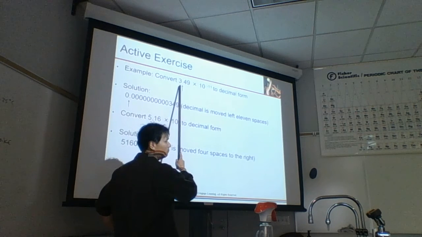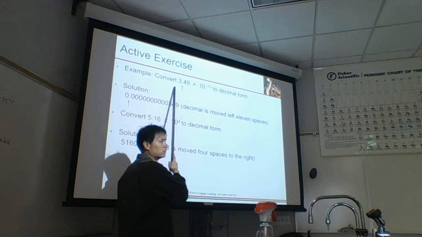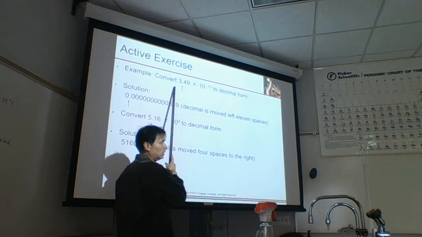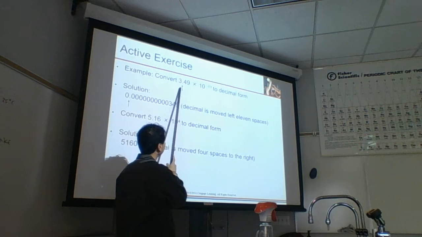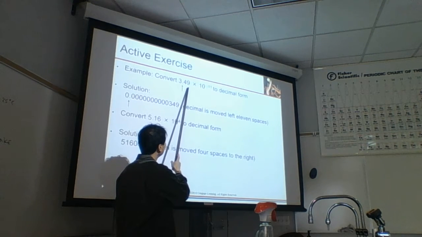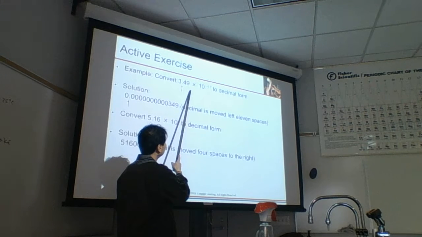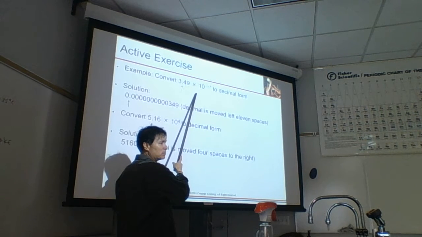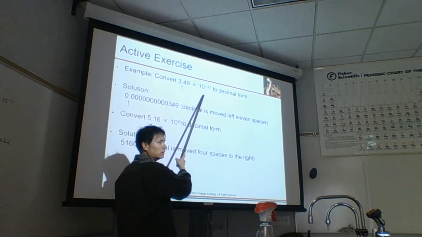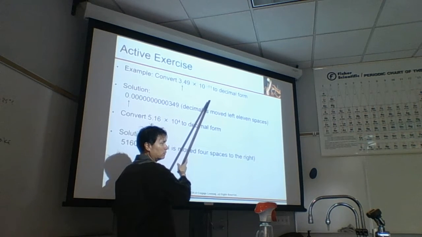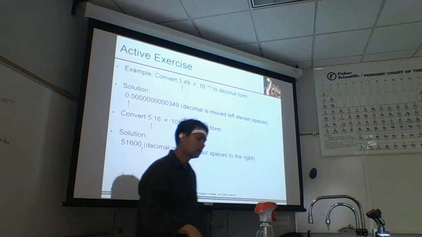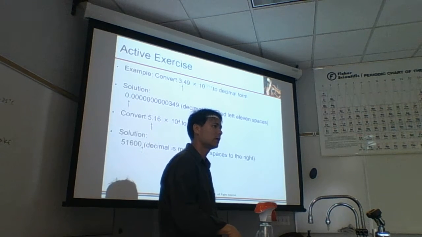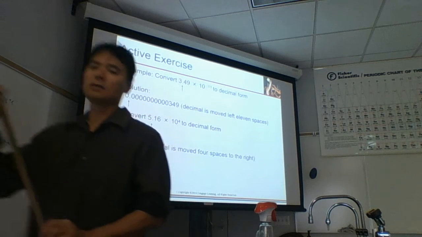Tell me the buttons. I push 3.49, EE or EXP, and then what? Negative 11. A lot of people use the times 10 to the X key. Have you seen that? The times 10 to the X key.